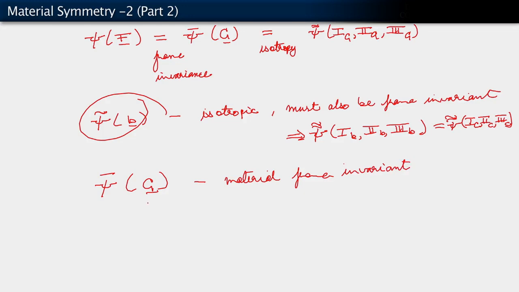But as long as we leave it as a general function of C, or of course of E, it's frame invariant, which is good, but it is not necessarily isotropic. If you want to model crystals, this is good. You have to maintain this generality. So this thing is frame invariant, not necessarily isotropic.